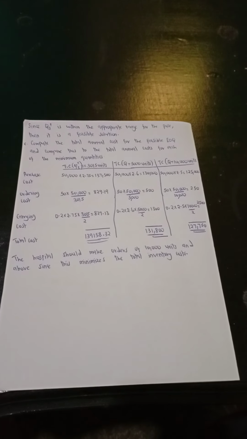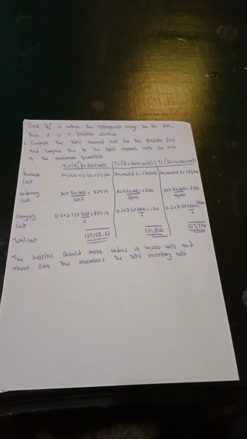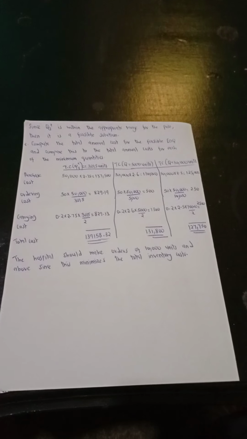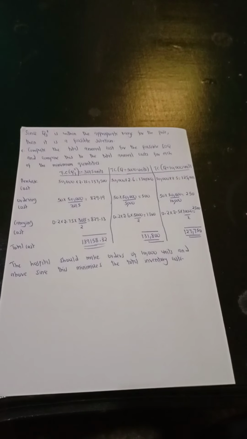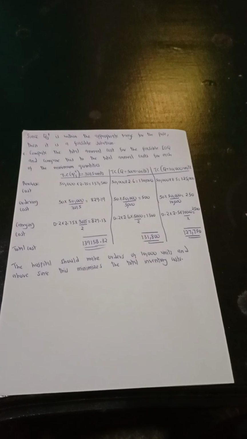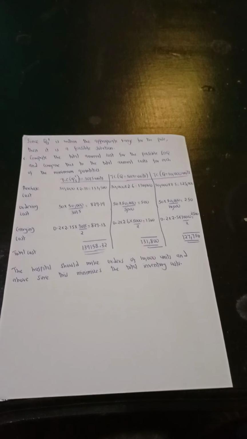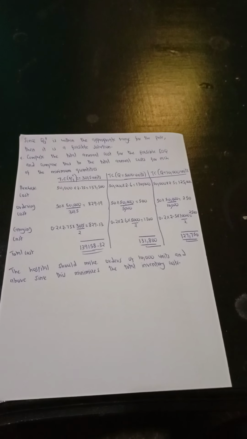The carrying cost is going to be 0.2 times 2.75 times 3,015 all over 2, which is going to give you 829.13. So the total cost when Q is 3,015 is going to be 139,158.32.